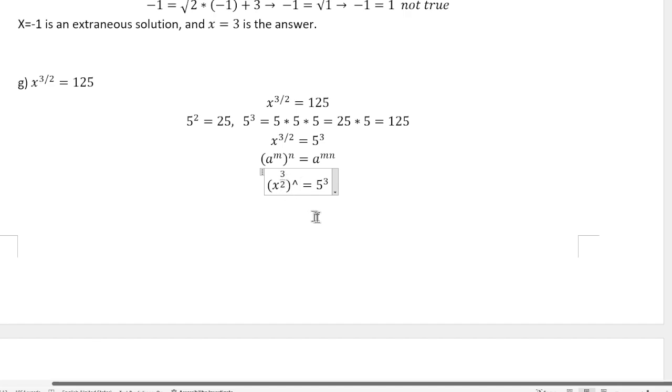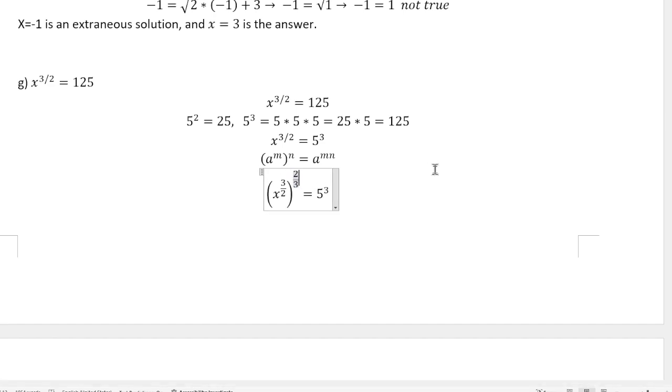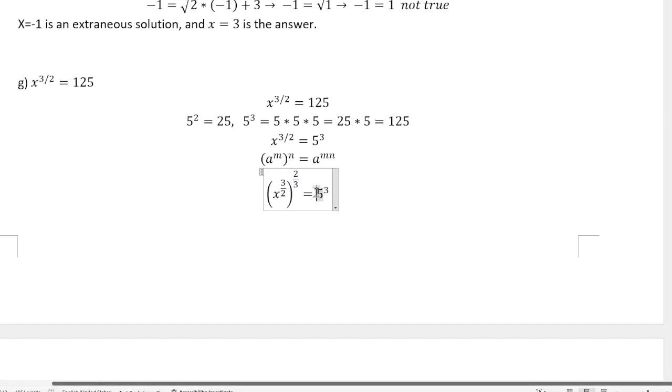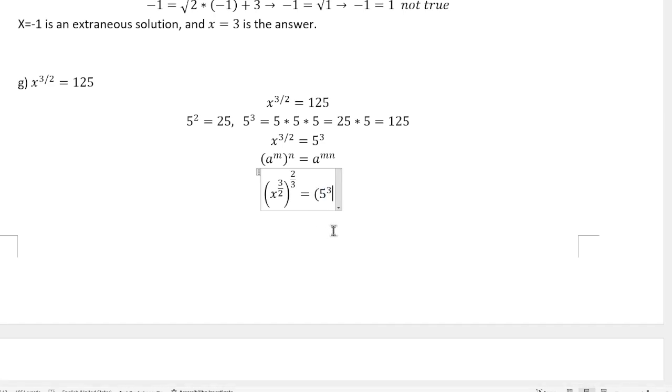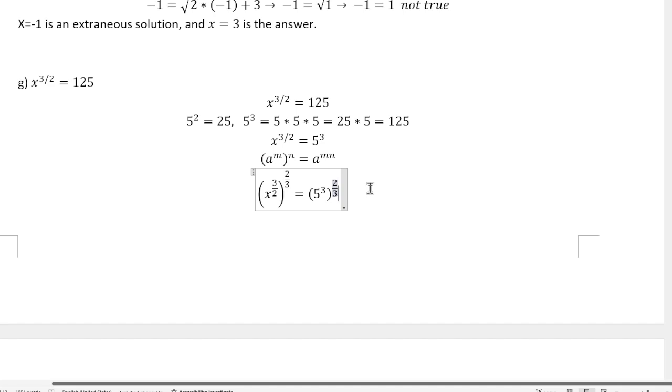So you have 3 over 2 as the exponent, so we're going to put 2 over 3 so that they are reciprocals. If you do power of 2 over 3 on one side, you must do the same on the other. So just look at whatever is in the exponent of x, take the reciprocal of that number, and exponentiate both sides with that same number. If you exponentiate both sides with the same number, equality still holds.